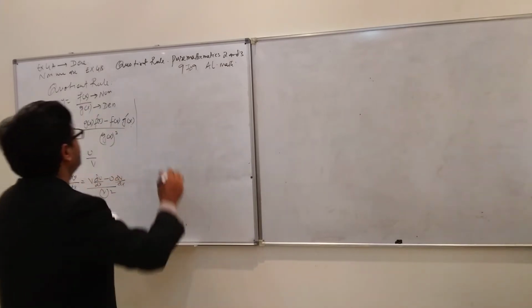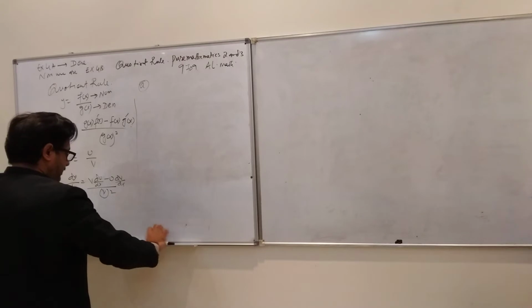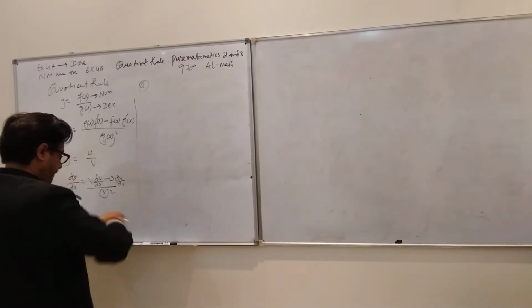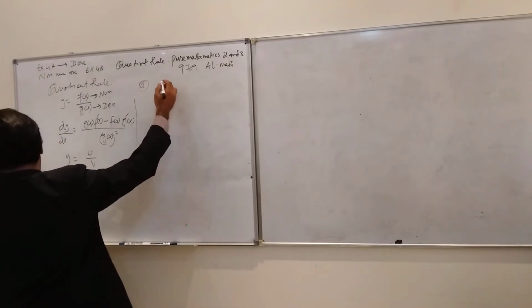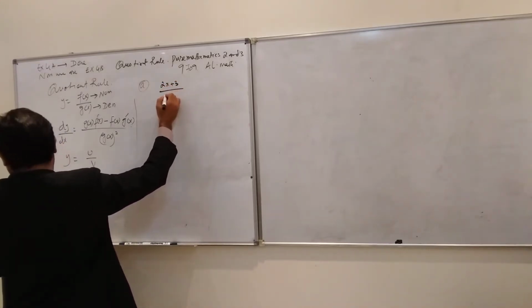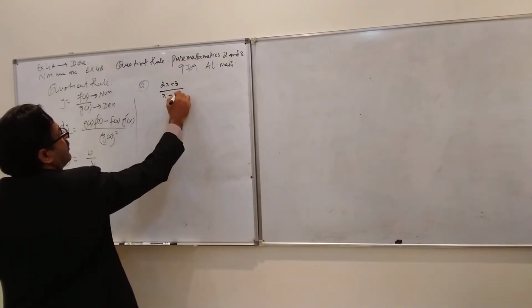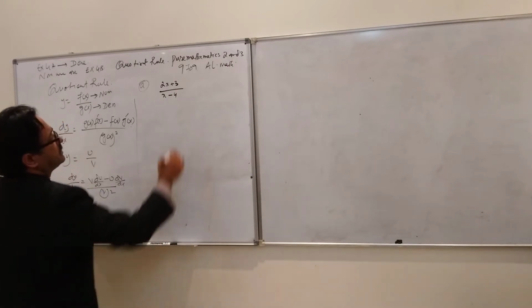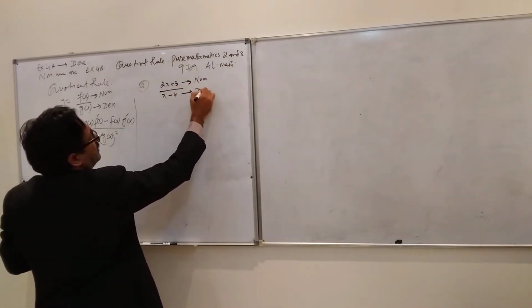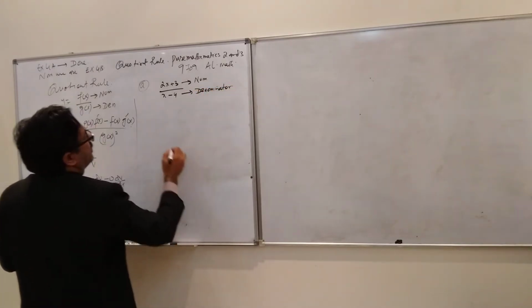First question, part A: 2x plus 3 over x minus 4. Here this is the numerator and this is the denominator.